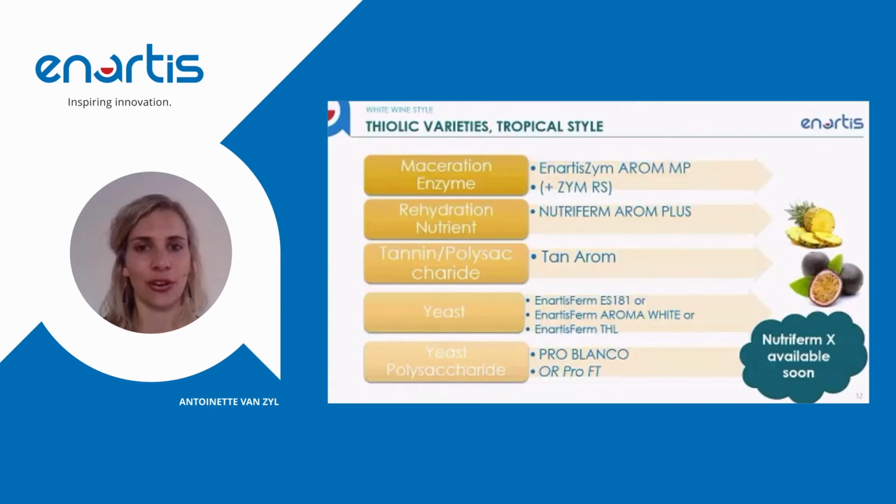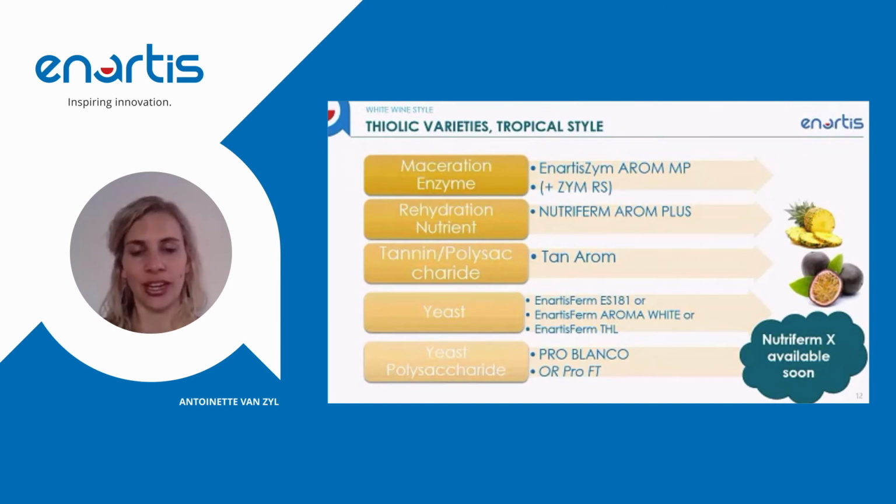In the case of thiolic varieties, we have touched on many of these in the last slides, but just to sum it all up, you can use Zyme Arom MP as a maceration enzyme, combined with Zyme RS for a settling enzyme. As a rehydration nutrient, you can use Arom Plus. You can use as a tannin polysaccharide combo Tan Arom.